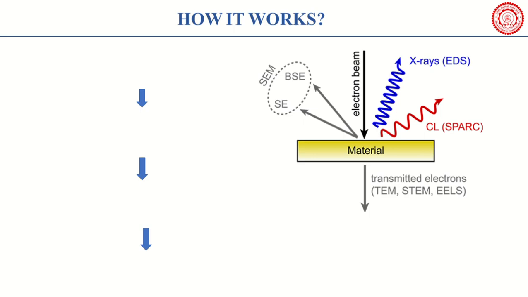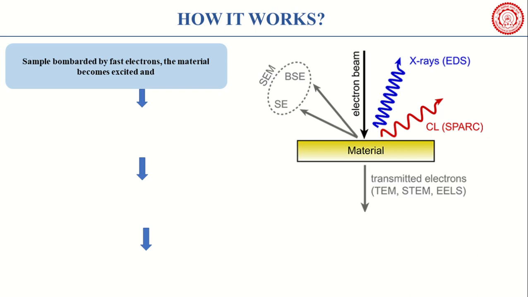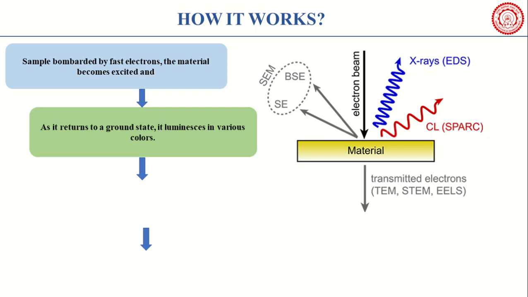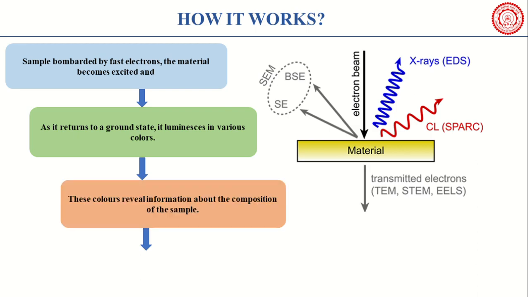Now, how it works. Here a sample is taken and it is bombarded by fast electrons. The material becomes excited, and as it returns to a ground state, it luminesces in various colors, and these colors reveal various information about the composition of the sample we have taken.